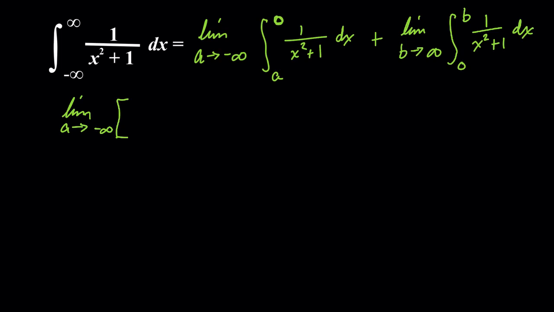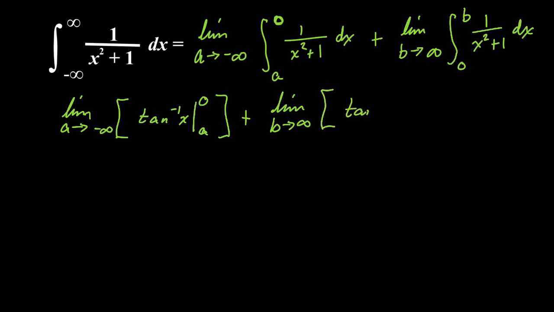Now the integral of 1 over x squared plus 1, which is the same thing as 1 over 1 plus x squared, is tangent inverse of x, evaluated between a and 0, plus the limit as b approaches infinity of tangent inverse x between 0 and b.